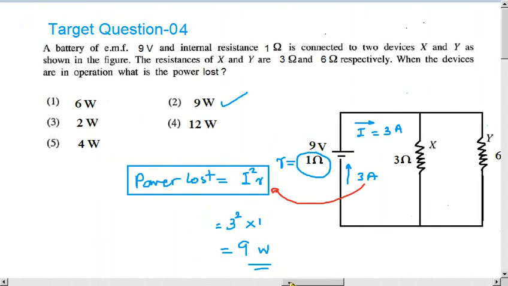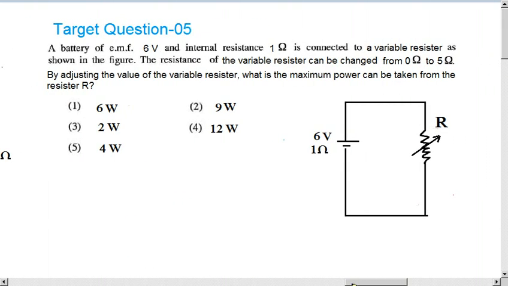So children, now let us move to question number 5, target question number 5. Read this carefully and try to answer. I have changed the question. This one is a real examination question. A battery of e.m.f 6 volt and internal resistance 1 ohm is connected to a variable resistor as shown in the figure.